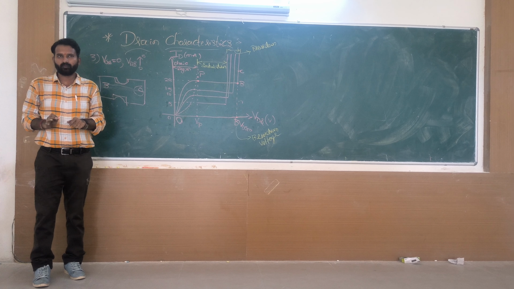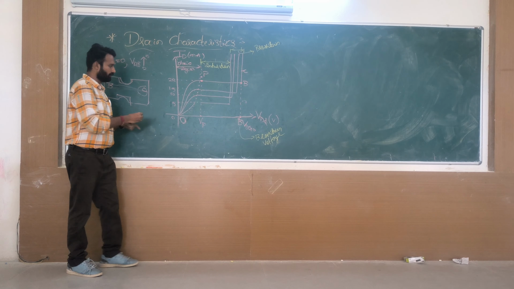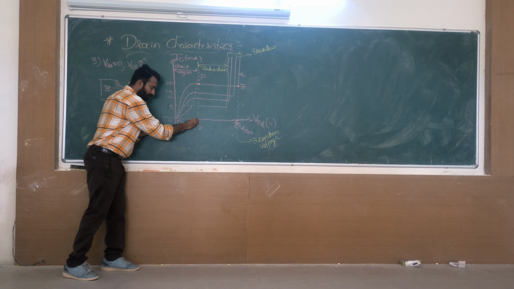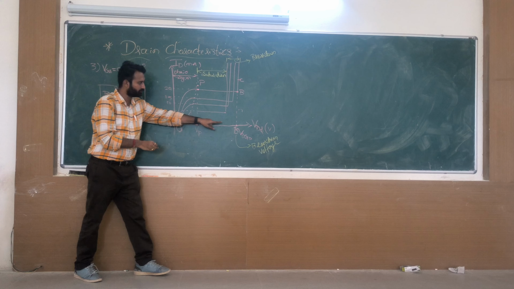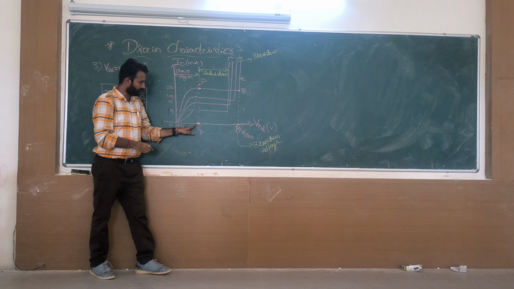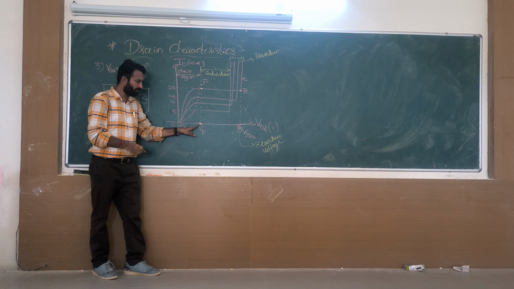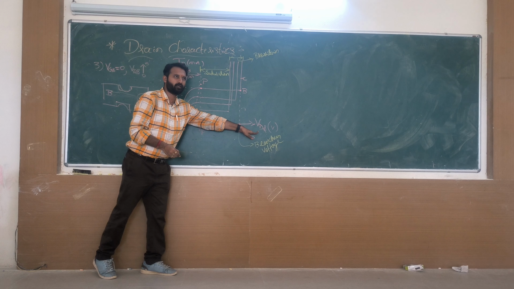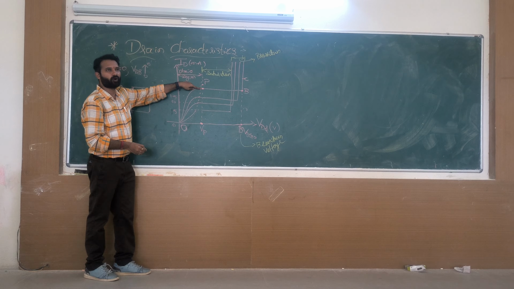I will repeat: at a certain voltage of VDS, I am marking this as VP. At this voltage VP of VDS, your drain current reaches its maximum point.